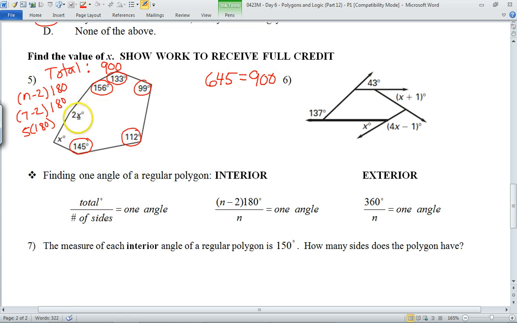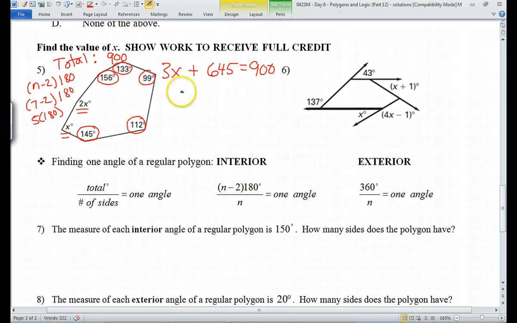Now let's deal with the variable expressions. Obviously, if I put together 2x and x, what does that make? 3x. So 3x plus 645 would equal 900. So then we subtract 645 from both sides.